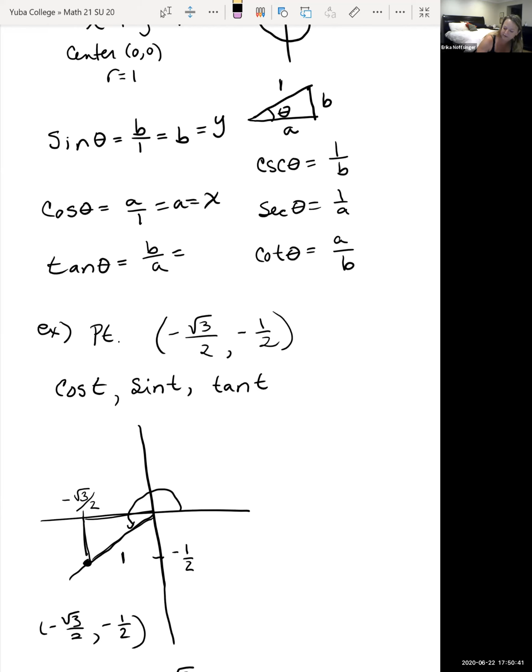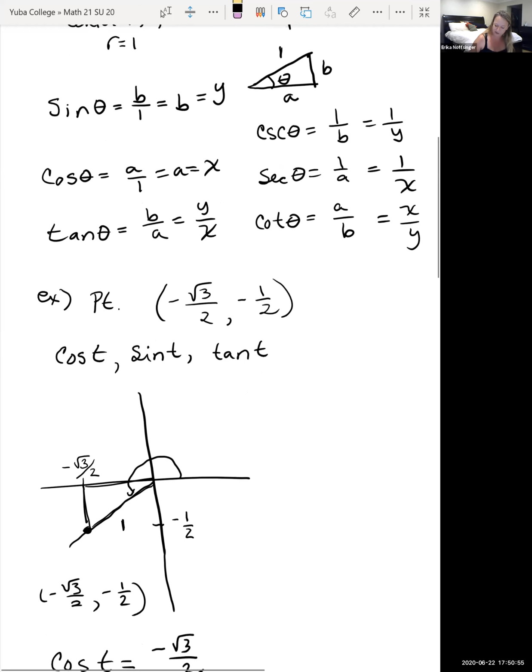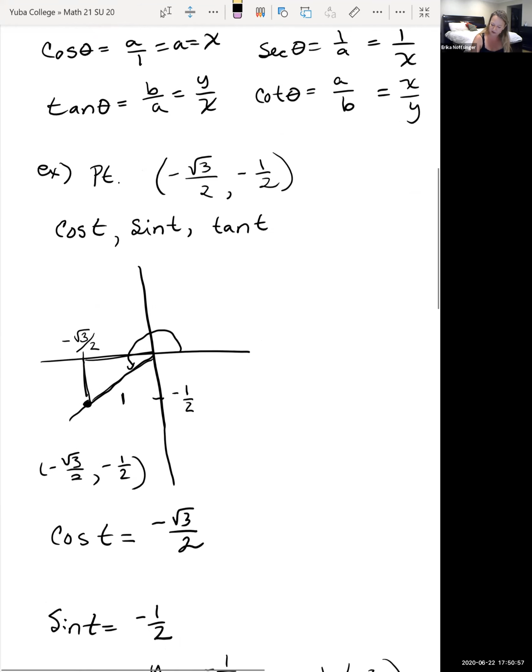Tangent is equal to y divided by x if we're on the unit circle. So cosecant is 1 over y, secant is 1 over x on the unit circle, and cotangent is x over y. Knowing that fact, we can say right away that cosine of theta for this point is going to have to be the x value, which is negative root 3 over 2.